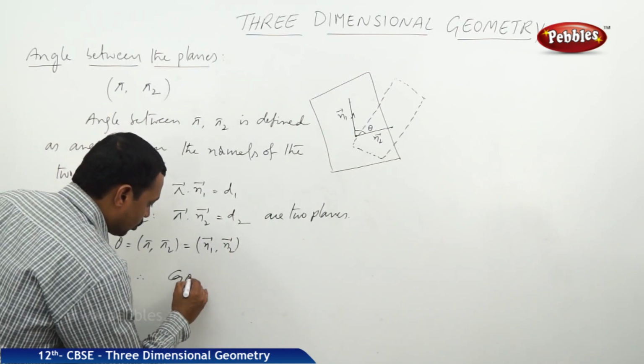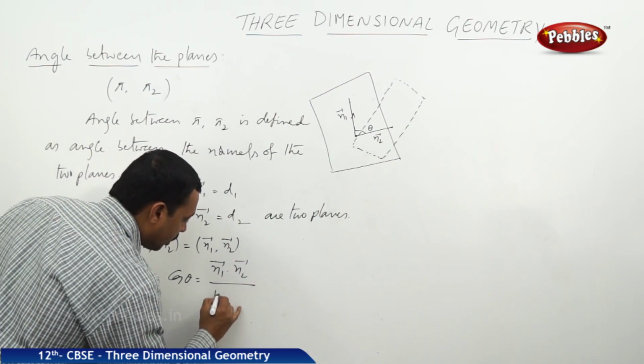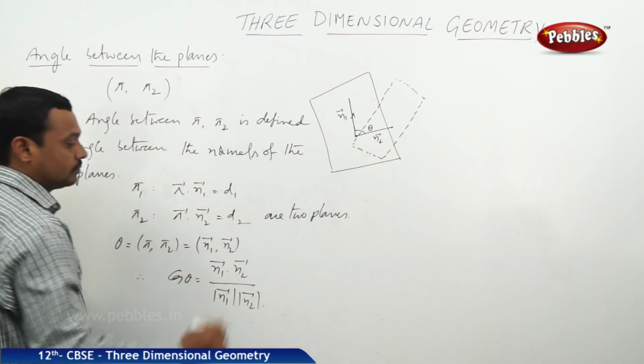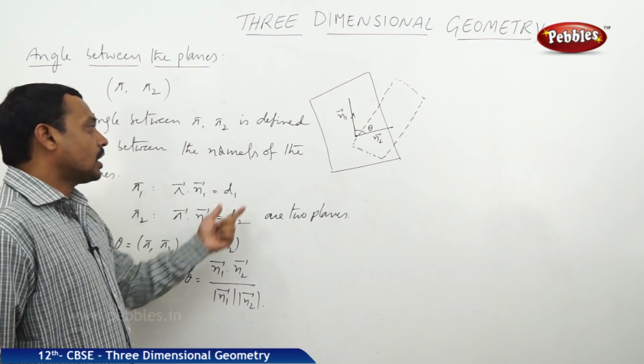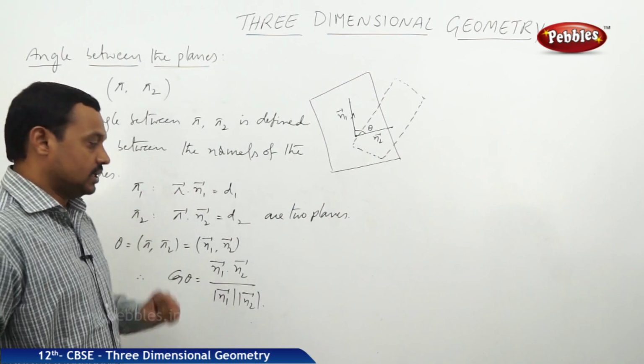Cos theta is equal to n1 dot n2 by modulus of n1 into modulus of n2 vector. So if n1, n2 are the normals of the planes, then we can determine the angle between the two planes.